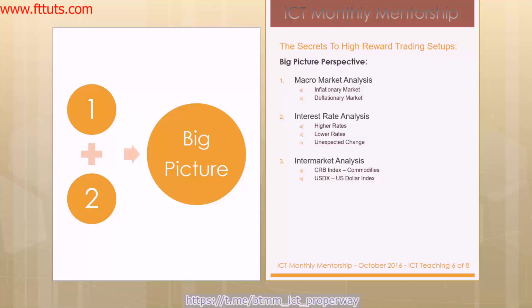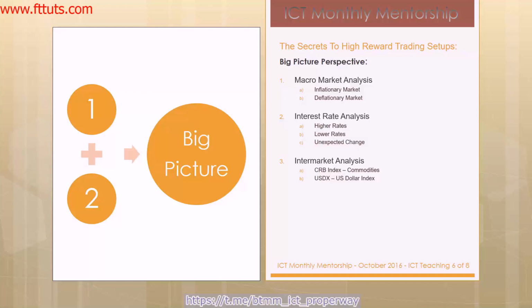In other words, looking at these three areas of study, we need two of these areas to come in agreement to arrive at our big picture perspective. We could see an interest rate market indicating that there are lower rates on the horizon, or higher interest rates on the horizon, and that's going to lend well to a directional bias on a currency.